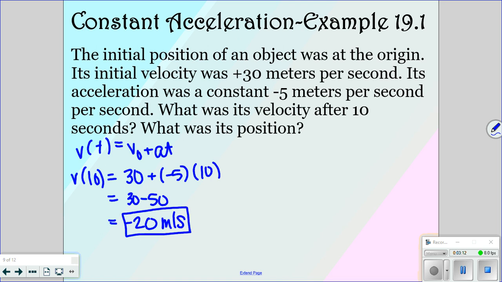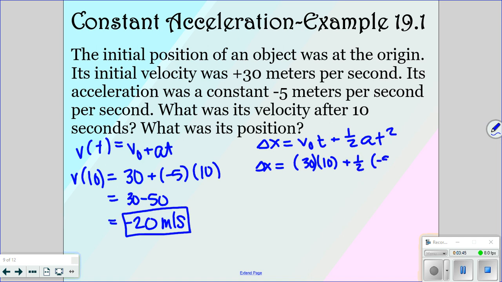So -20, and then velocity is meters per second. Okay, for the position, we're going to use that formula there. And so the change in your position, our initial velocity was 30, and our time is 10. Our acceleration is -5, and again our time is 10.